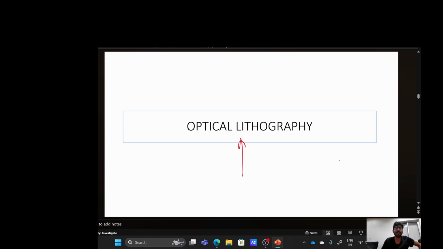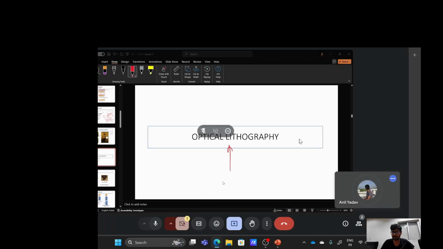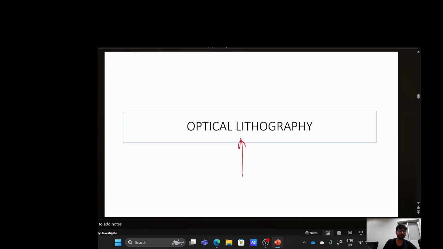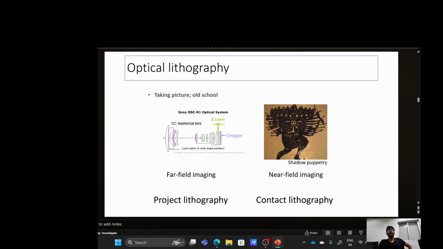Let us see how the pattern is transferred by means of optical lithography. There are two kinds: one is projection lithography, and one is contact lithography.